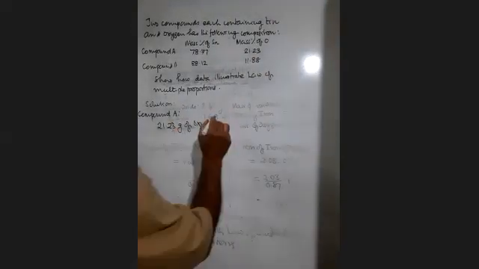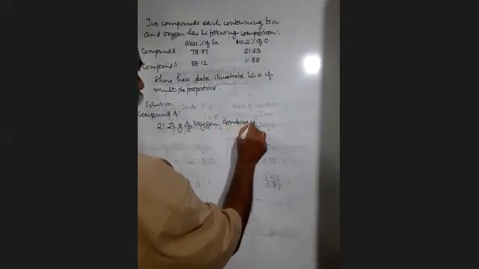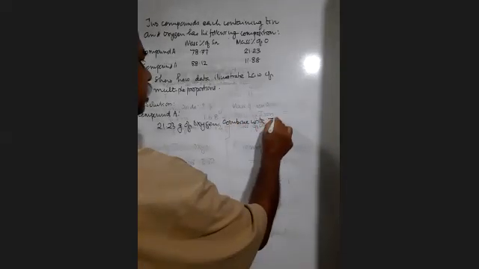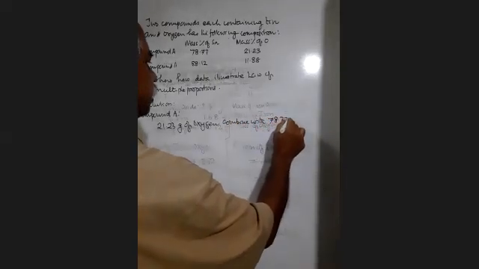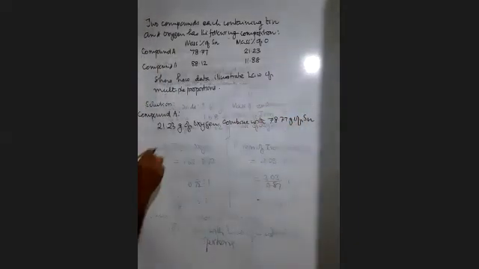21.23 gram of oxygen combined with 78.77 gram of tin. So let us make it 1. Okay, so I can write.